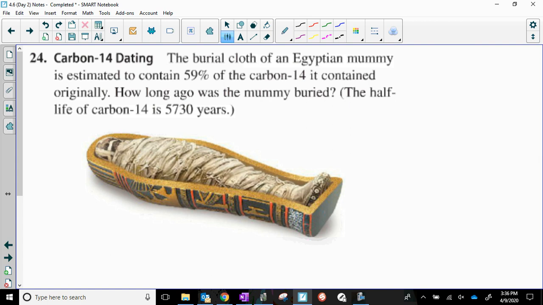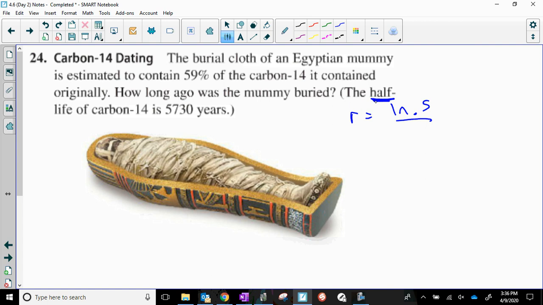So the answer has to be smaller than 5,730. Again, having reasonableness is a hugely important thing with these problems. It helps you understand if you're doing them right or not. So let's get some information we do know. I can find out the rate immediately. The natural log of a half.